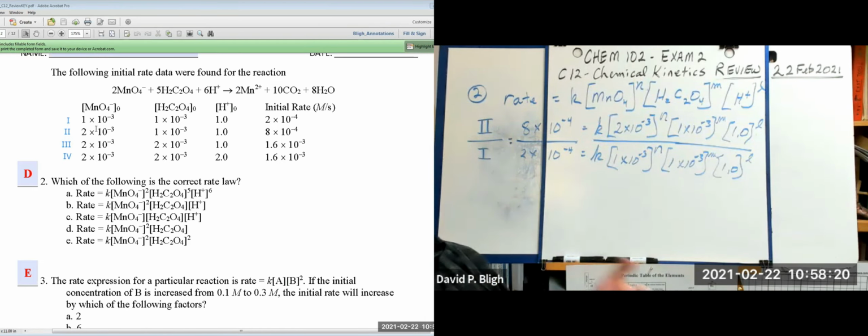So if 2 equals 2 to the m power, m has to be what? 1. m equals 1. So now we can say that's 1. You don't have to write the number in there, but we'll do it for clarity. Now we just got one more to go.